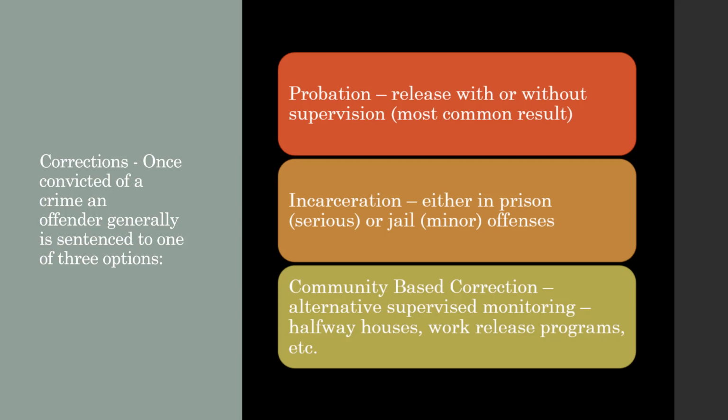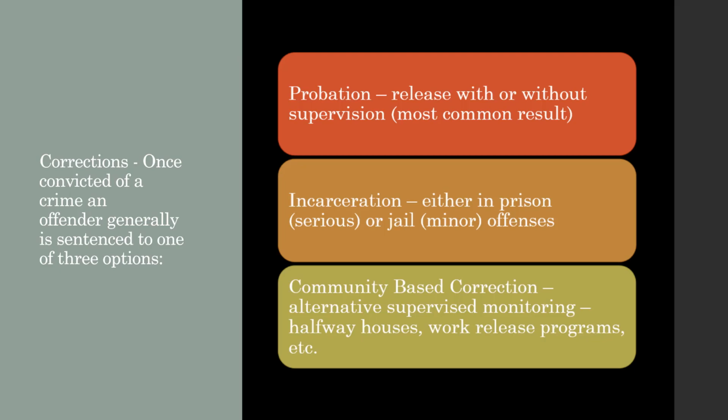If we look at our third part of the system here, corrections, the most common result of corrections, the three options, is probation. Most people don't go to jail or prison for what they do. If you think about your interaction, if you've interacted with the police and you've been punished, you got a fine. Maybe you got probation.